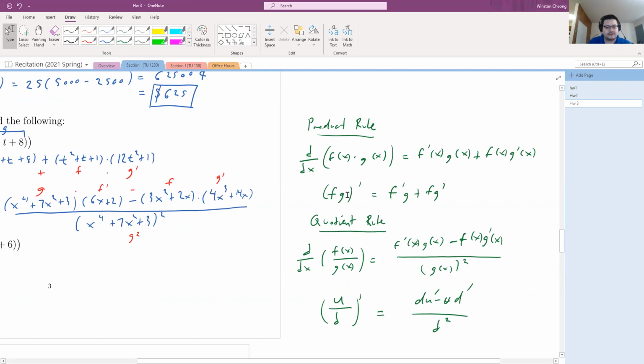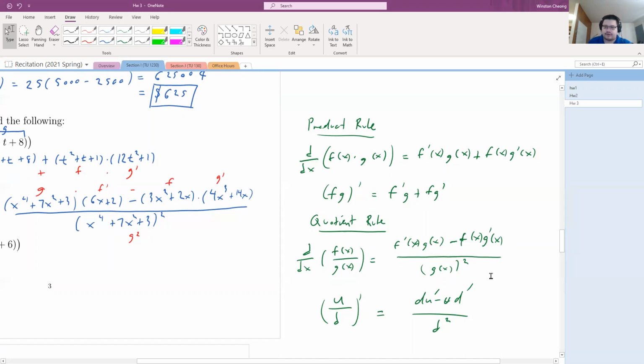if you have a product of two functions and you're trying to take the derivative of that, well, you've got this rule, which is not the rule that you would like, but this is the correct rule. And then for the quotient rule, you've got a function on top divided by a function on the bottom.